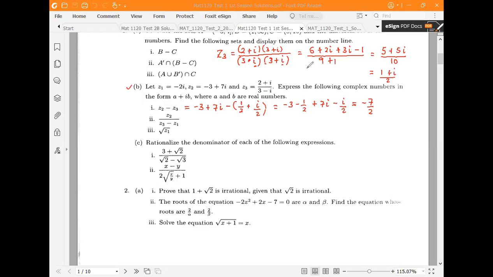And then 7i minus i over 2. So that's 14 minus 1. So we're going to have plus 13i over 2.